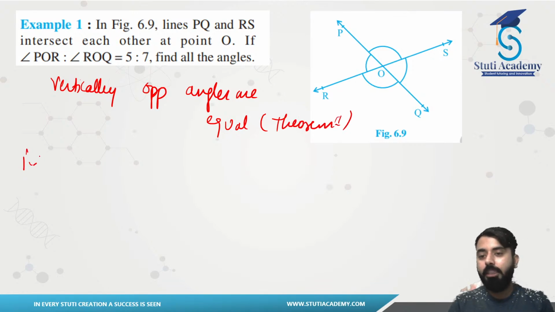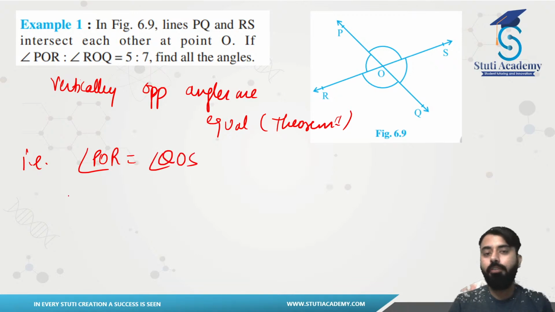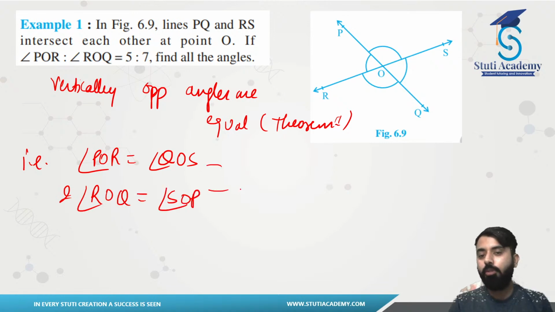So that means angle POR plus angle ROQ, sorry, not that one, actually I'm just moving one step further. This means angle POR will be same as angle QOS, and angle ROQ will be same as SOP. So these are the two pairs of vertically opposite angles and they will be equal.